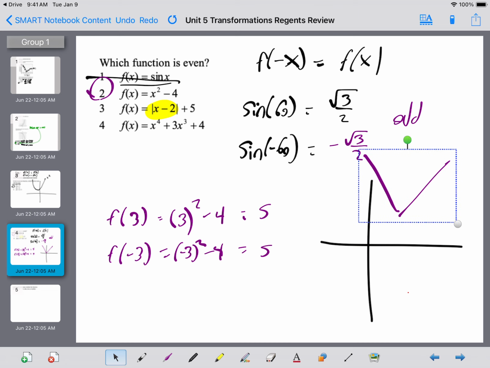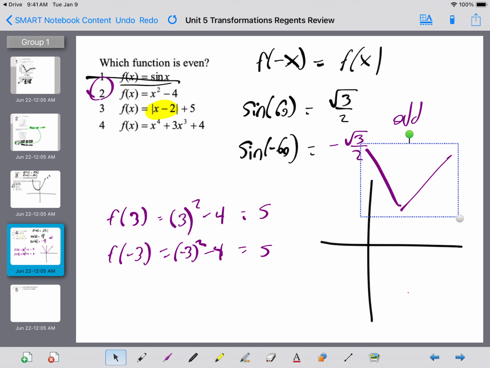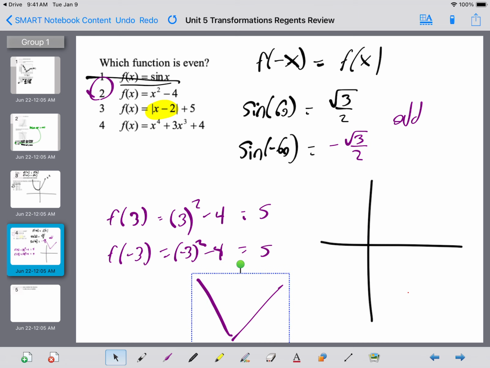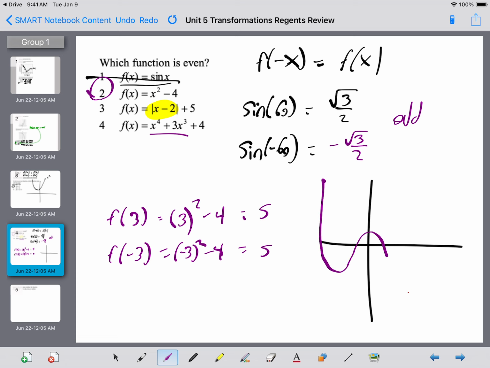It's no longer symmetrical across the y-axis. It also goes up 5, but that doesn't affect it. The same thing as the quartic function. Your quartic function could have symmetry across the y-axis. In this case, it probably shifts. It's just you don't see the shift because it's not factored out.